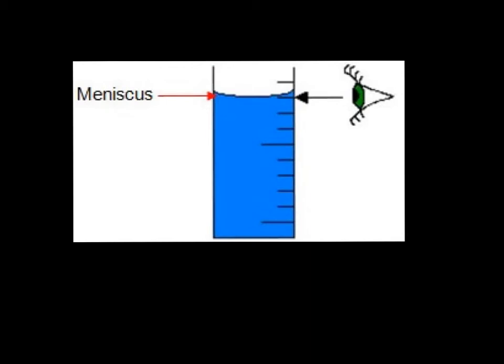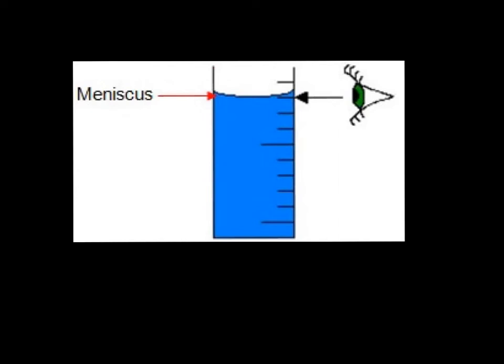Or if you are lower than the graduated cylinder and you're looking up at it, you could misread it and say that it is higher than it is. So you have to get your eye even with the level of the graduated cylinder. And then this curved part has a fancy name. It's called the meniscus. Can you say that with me? The meniscus.